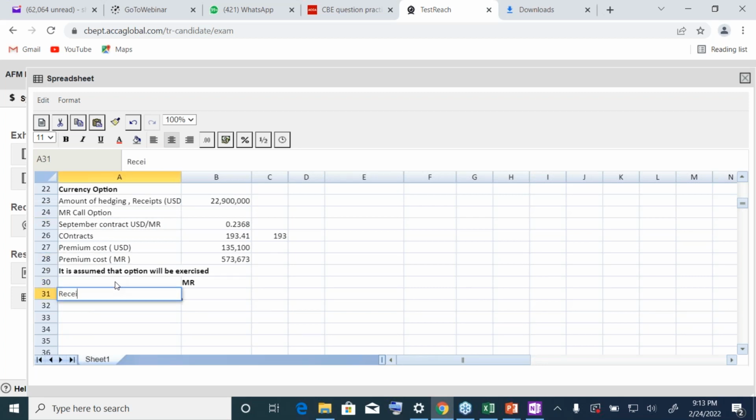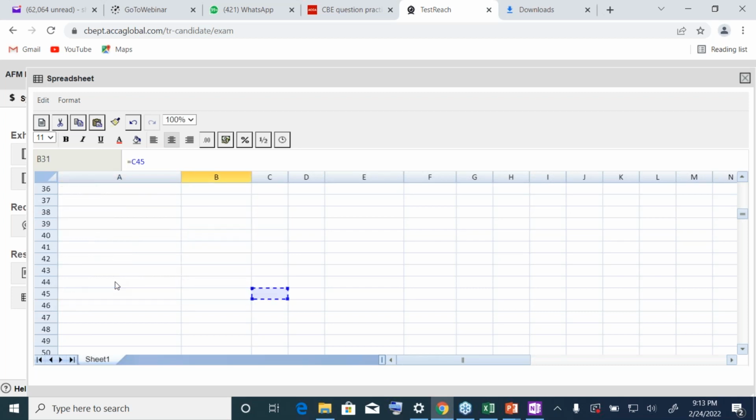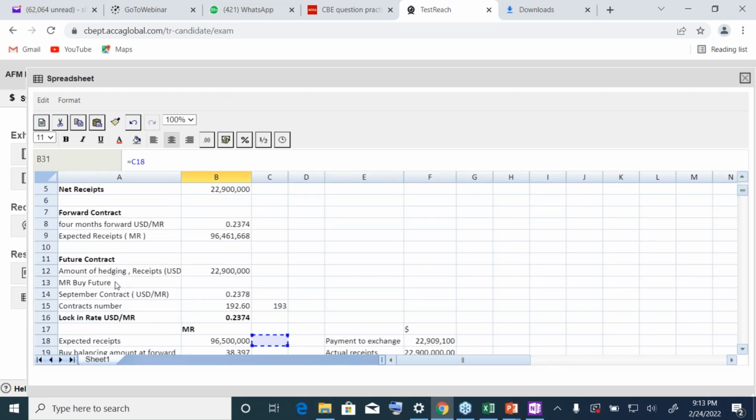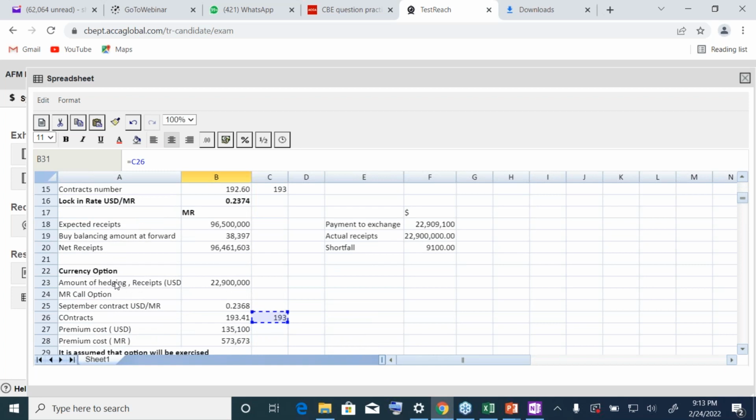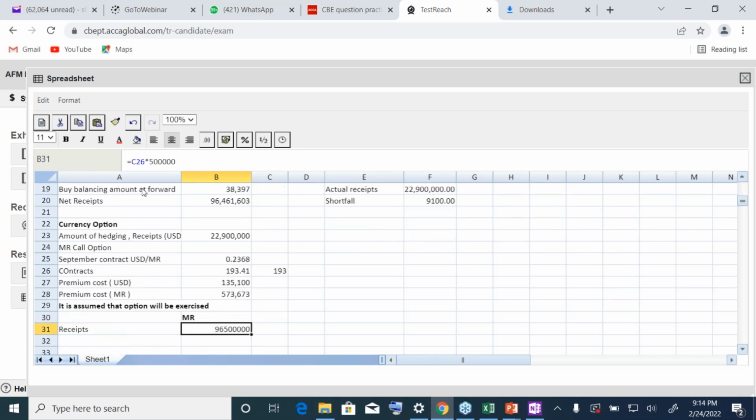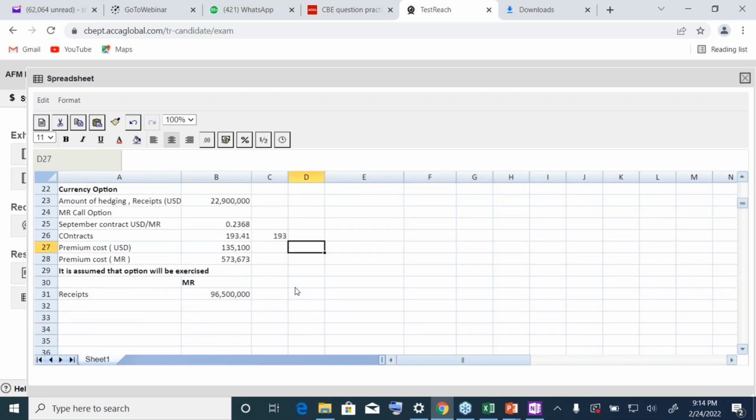Receipts. We have entered into how many contracts? 193 into 500,000. So the expected receipt will be 96.5 million.